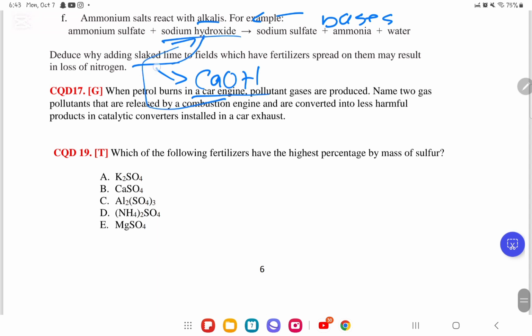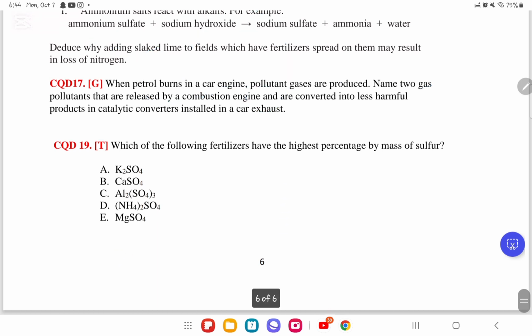Alkalis will react with ammonium salts, which include our fertilizers, so our base reacting with our fertilizer, we may lose nitrogen. Why? Because we will form ammonia, NH3. So to put it in simple words, if slaked lime reacts with the ammonium salts in the fertilizers, it will produce ammonia, which will cause a loss of nitrogen.